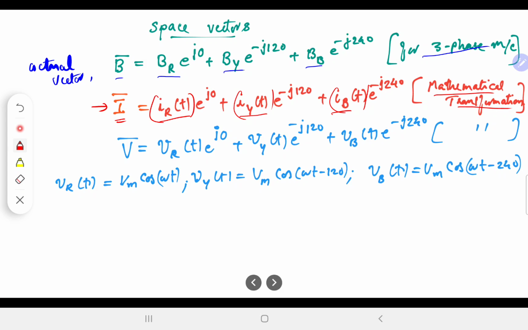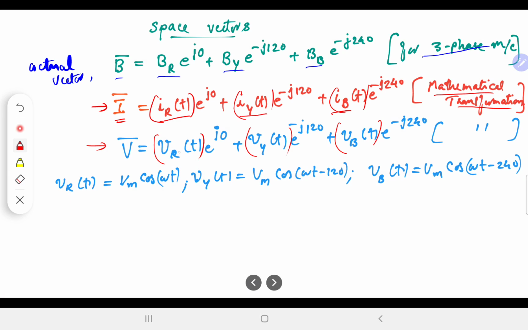In a similar fashion, we can generate the V bar, which is the space vector voltage, which will represent the three-phase voltages in one go. Again, it's a mathematical construct.